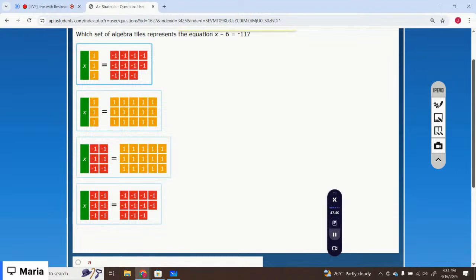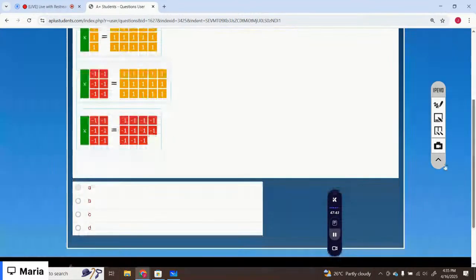Option number D is the correct option. D represents x minus 6 equals negative 11.